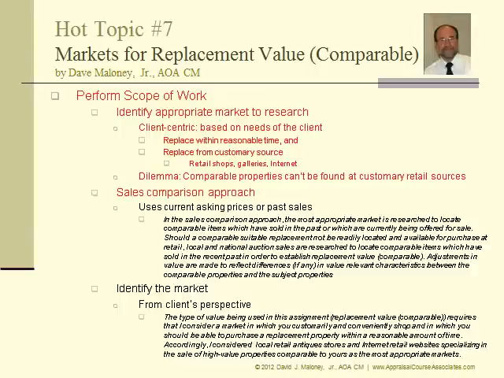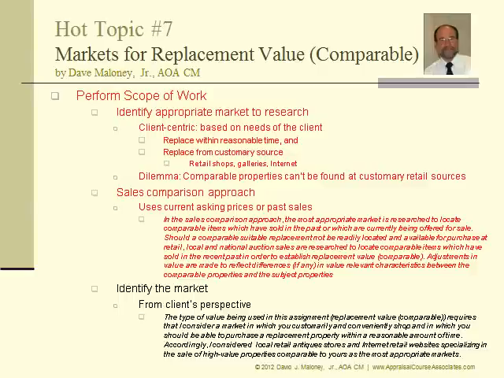By definition, the sales comparison approach makes use of either current asking prices or past consummated sales as a basis for an opinion of value. Here is the description of the sales comparison approach that I use in my reports. In the sales comparison approach, the most appropriate market is researched to locate comparable items which have sold in the past or which are currently being offered for sale.